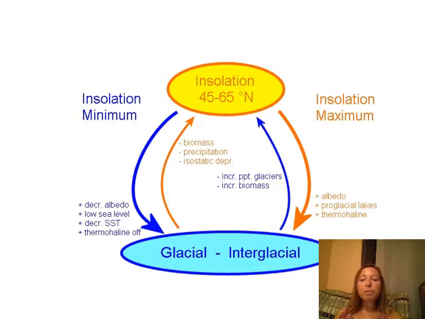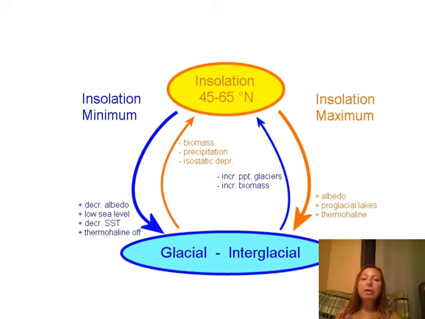Let's imagine the opposite situation. Something triggers it, in this case, Milankovitch cycles. Maybe the cycle of eccentricity brings slightly more solar radiation. This in turn leads to slightly higher temperature.